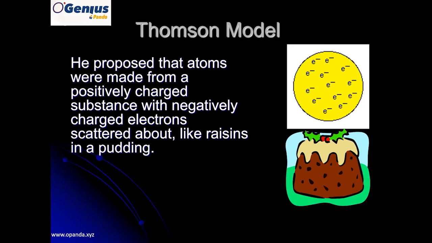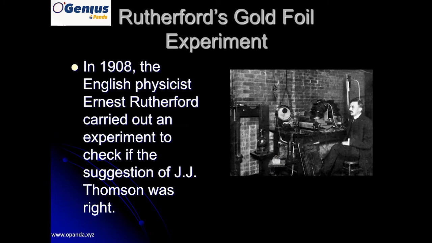So the objective of Rutherford's experiment was to test if Thomson's suggestion was right. Was the atom really composed of a big, solid, positive body embedded with small negative particles? That is the reason why Rutherford carried out the gold foil experiment.